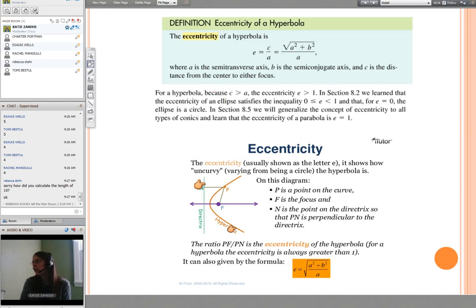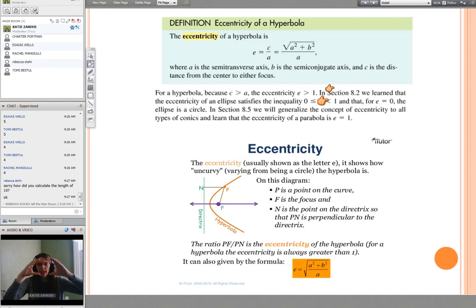So this value for E tells us how close to a circle we're getting. If the eccentricity equals 0, we know that we have an actual circle occurring. If it's between 0 and 1, that means it's starting to get stretched out. So your complete circle, which had eccentricity of 0, is now getting stretched out.